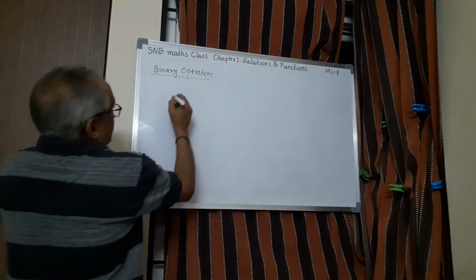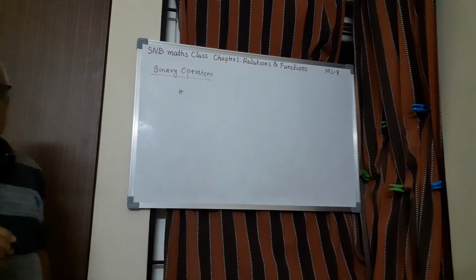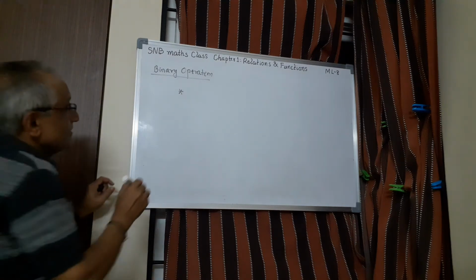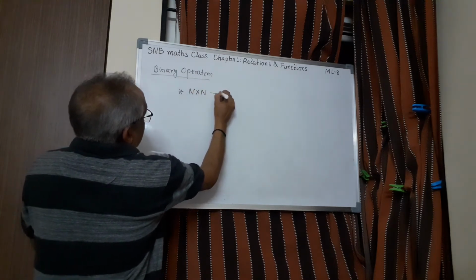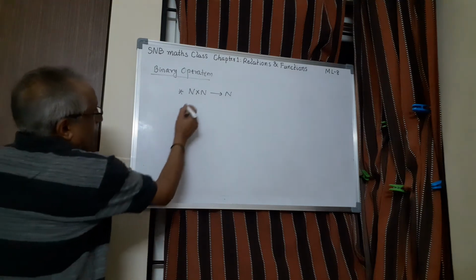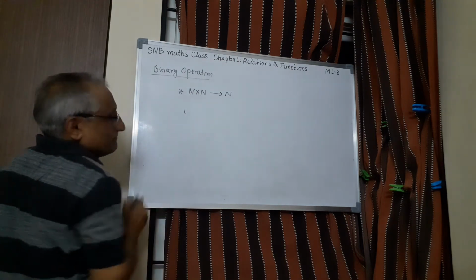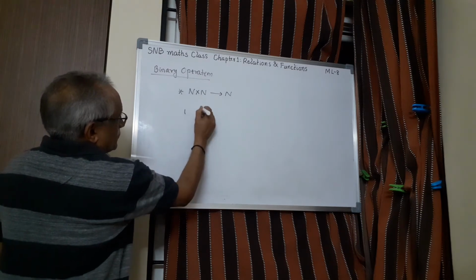Let us take a function, say I will use this symbol star, because this is a symbol we are going to use. Star is a function whose domain is N cross N to N. Meaning, you have to take one element from here, for example 1. Then you have to take one more element from N, say 2.